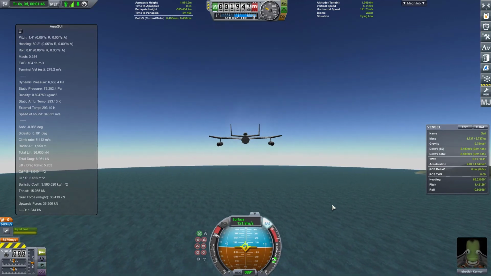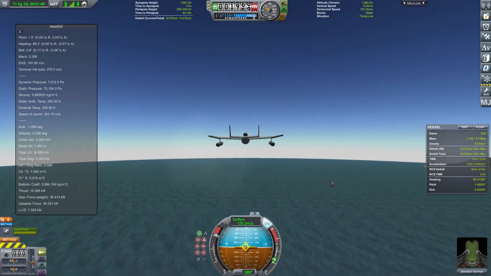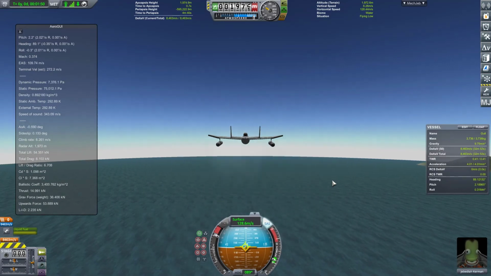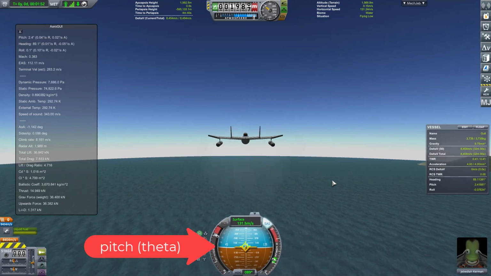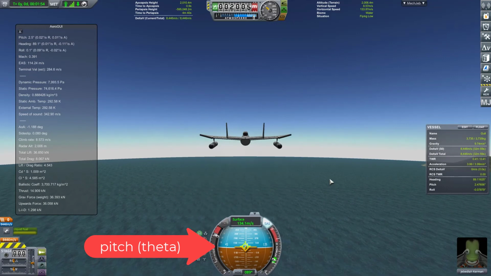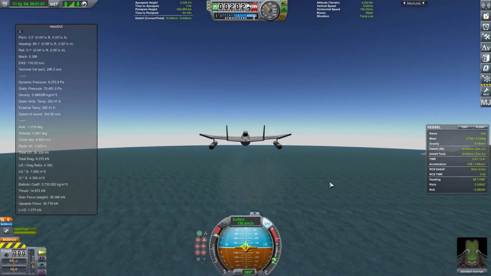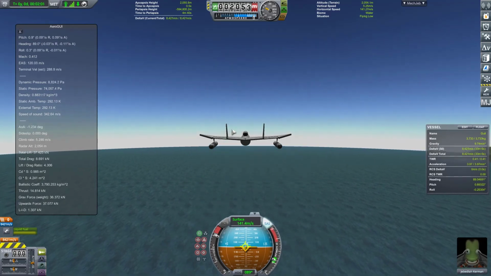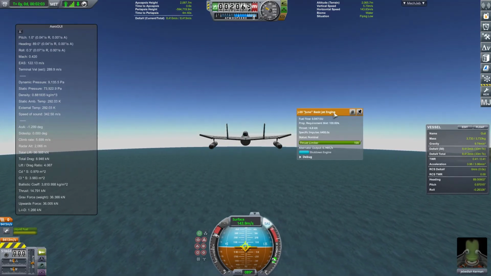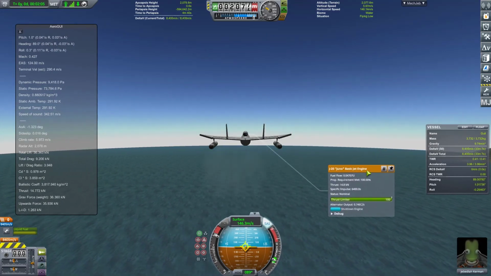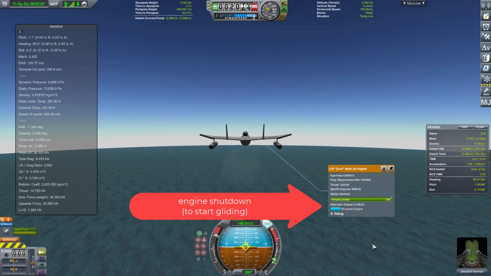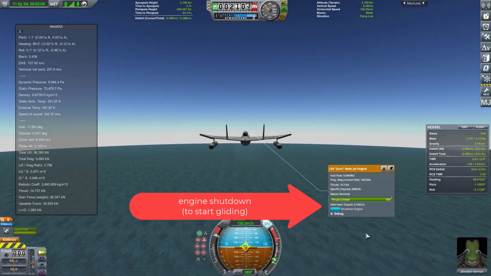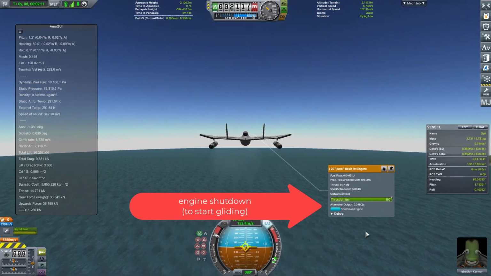You can see that the pitch is nearly 0, and I'm on the prograde vector, so I'm pointed in the direction that we're traveling. Here I have the option to hit the shutdown engine to turn off the thrust quickly, and as soon as I hit the shutdown engine, I'll hit the SAS button to turn that off to watch it oscillate from the aerodynamics of the lift and the drag and the weight.